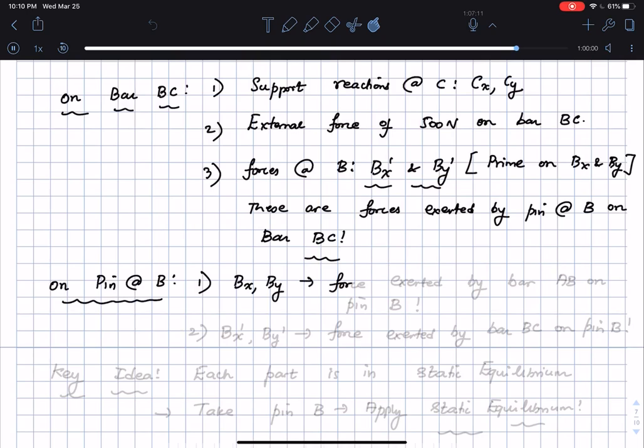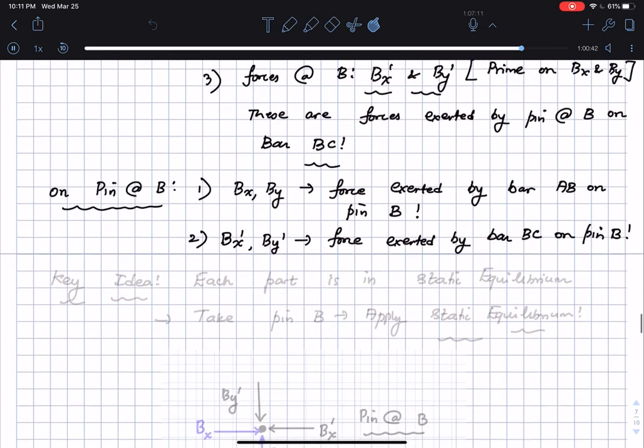This is the force exerted by the bar AB on pin B, and the second set, Bx prime, By prime, is the force exerted by the bar BC on pin B. Okay, so this is the situation that we are ending up with so far.